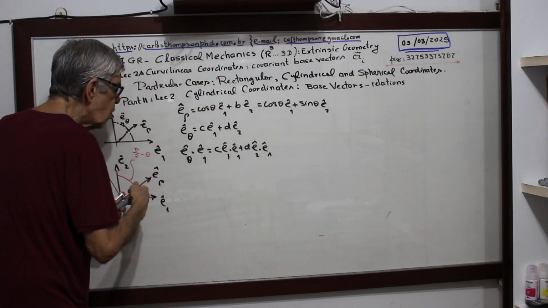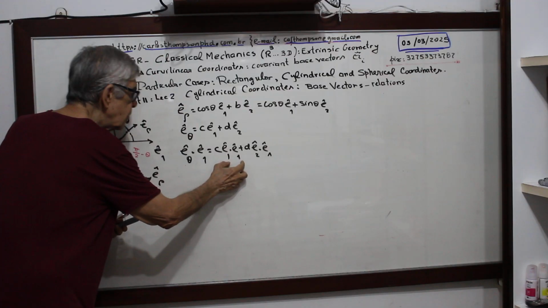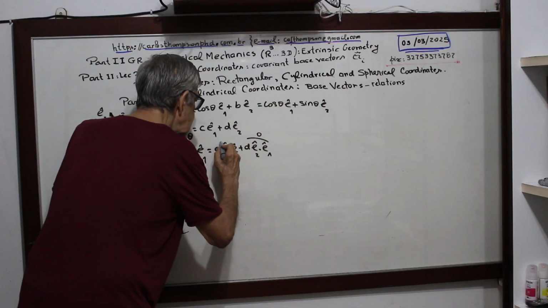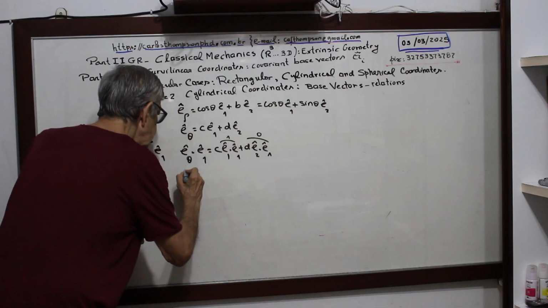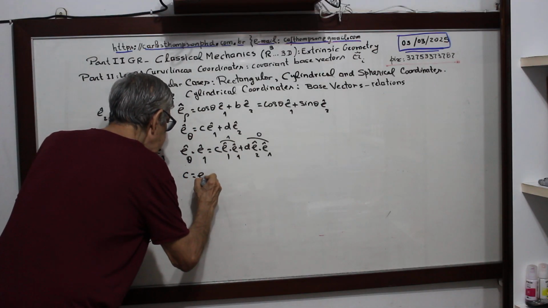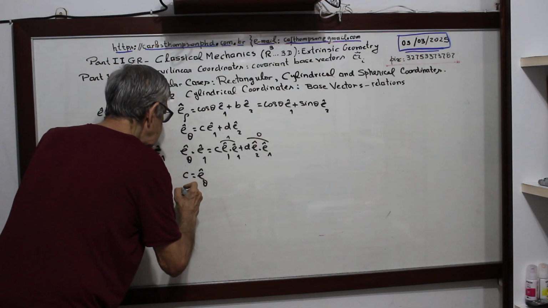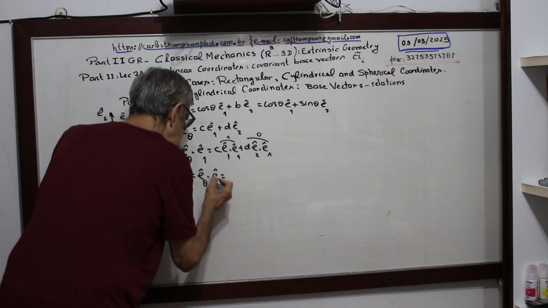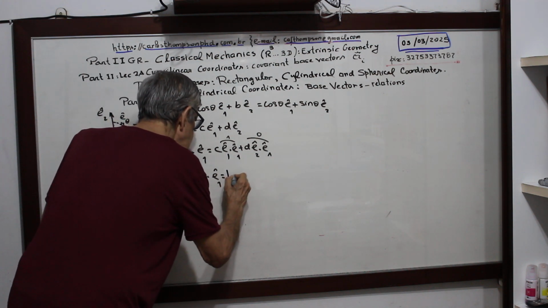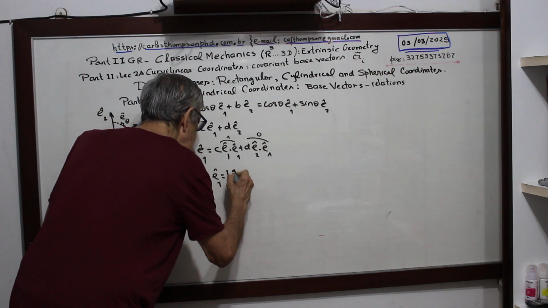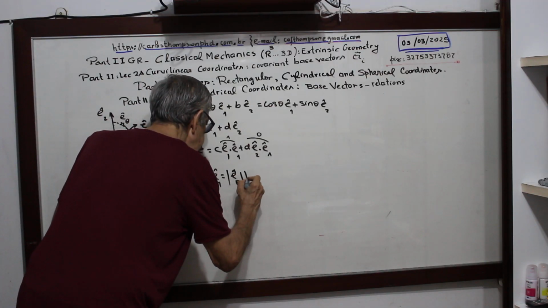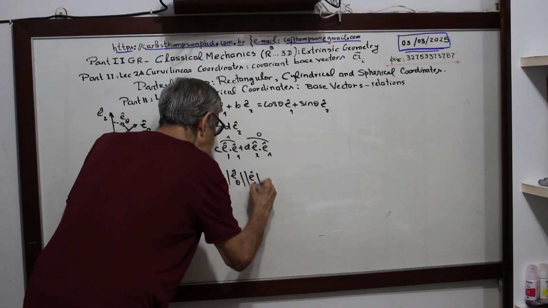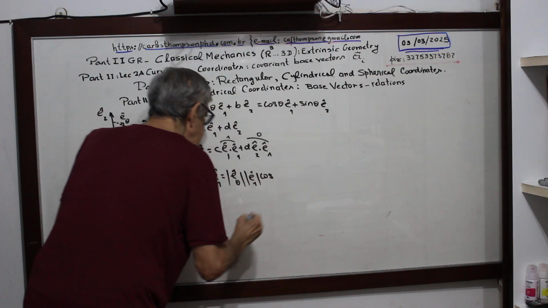So, as I did before, this will be 1 and this will be 0, okay? This is 0, this is 1. So, C is equal E sub theta dot U1, which is the magnitude of E theta times the magnitude of U1 times cosine.